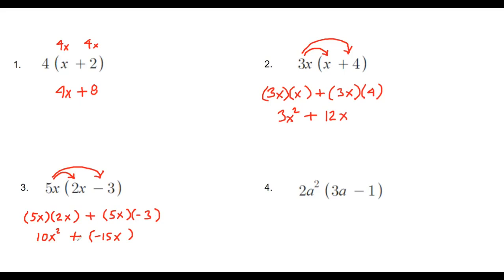Now, this is what I'm talking about in terms of letting the sign of this second part determine whether this is addition or subtraction. Adding a negative number is the same thing as subtracting. So we can now rewrite this as 10x squared minus 15x.